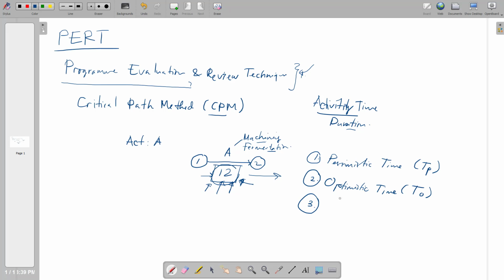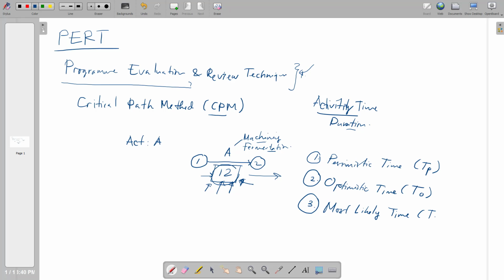The very last one is the most likely time. Usually every company or organization that has performed multiple projects will have data, based on their experience, about the pessimistic time, optimistic time, and most likely time. I'll put this one as T.